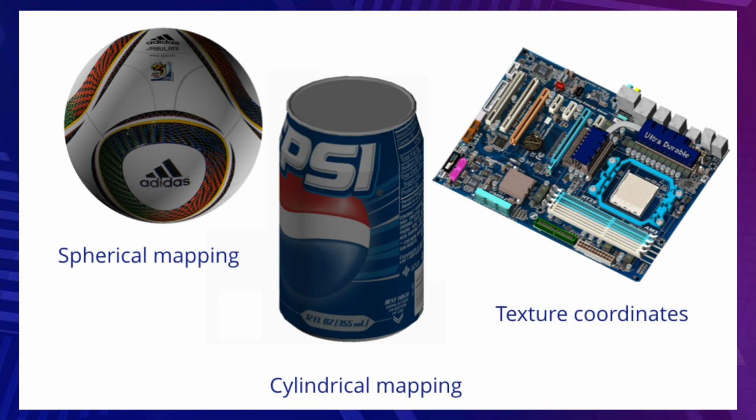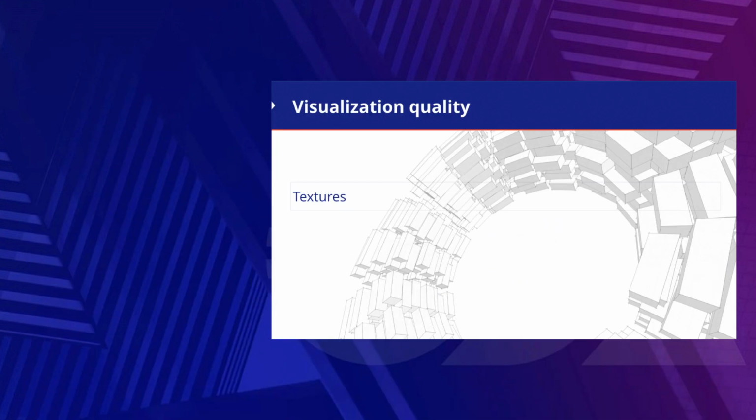Visualize SDK has extensive support for texture mapping, including the possibility to assign different textures to different faces inside a shell, or to use some predefined mapping techniques like spherical or cylindrical mapping. And certainly, Visualize SDK supports the classic way of texture mapping by using texture coordinates, which can be assigned on the vertices of the shell.